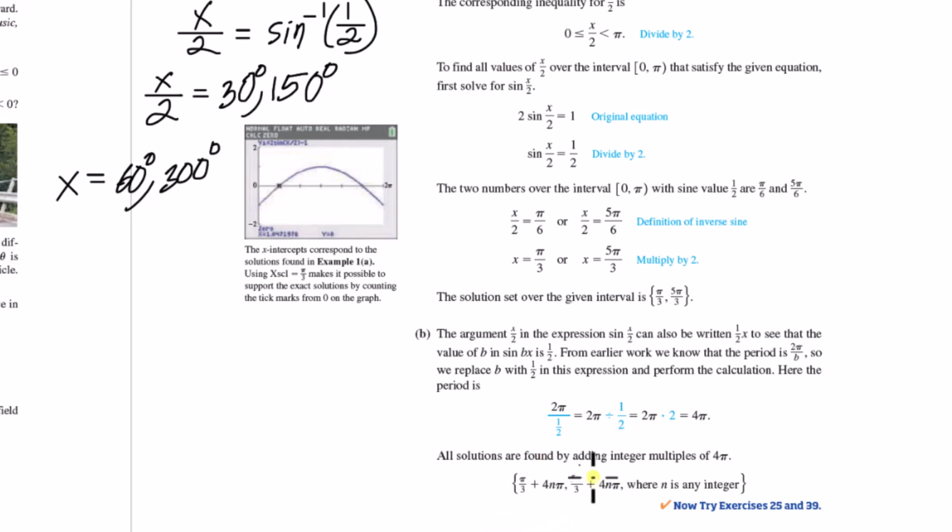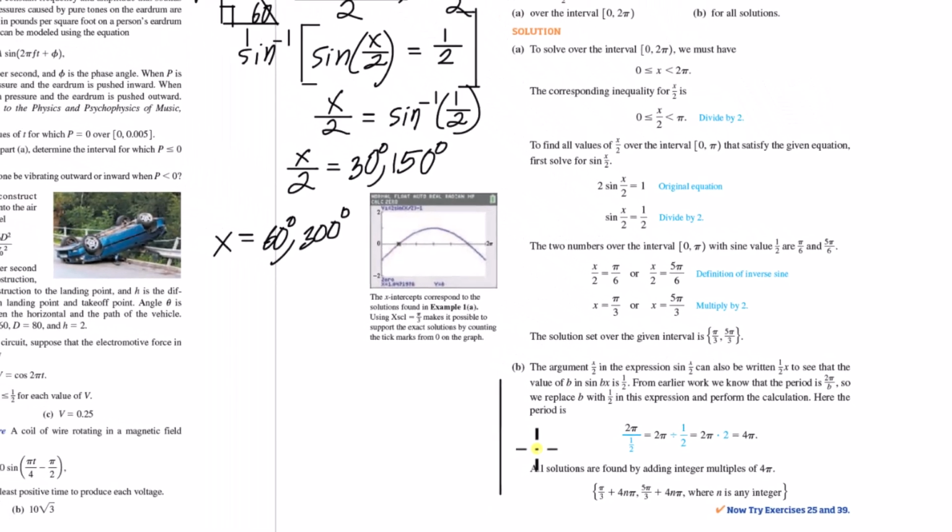I don't know how you would represent this mathematically, but what they're talking about here is the answer of 30 degrees, 150 degrees, and any angle that's coterminal with those, times 2. So the answer, all solutions to this equation, 2 sine of x divided by 2 is equal to 1, is 2 times 30 degrees, 150 degrees, or any angle that's coterminal with those two angles. That's the general answer here.